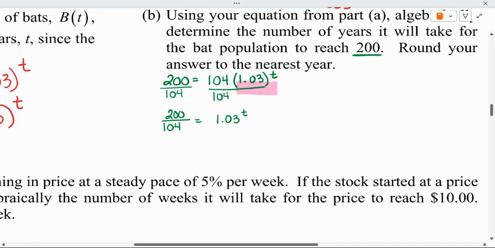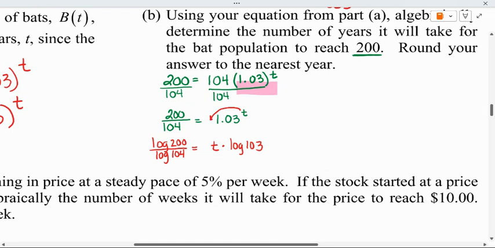Now I'm going to use the log method. Log 200 divided by log 104 equals t times log 103. Right? Because I took this exponent and I moved it out front.